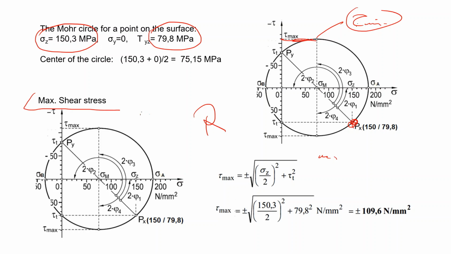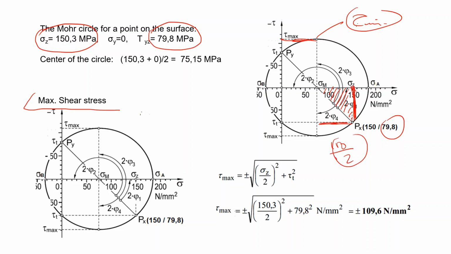Well, you can take the triangle, this one. Okay, and in this triangle, this is 79, and this is 150 divided by 2.